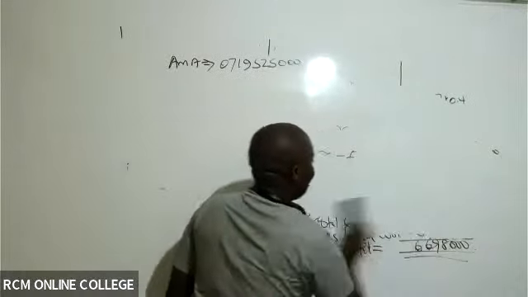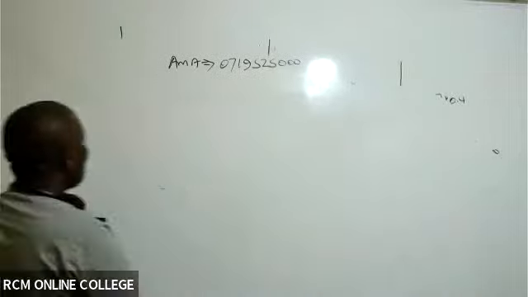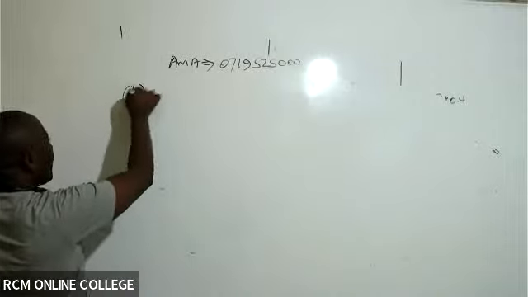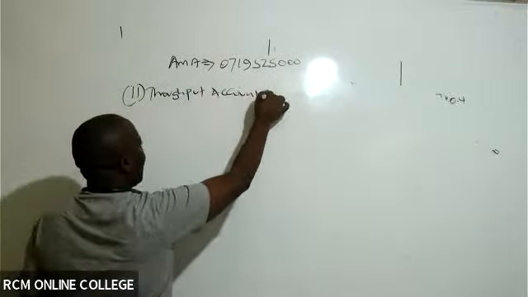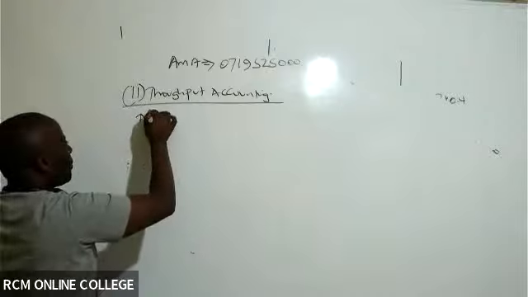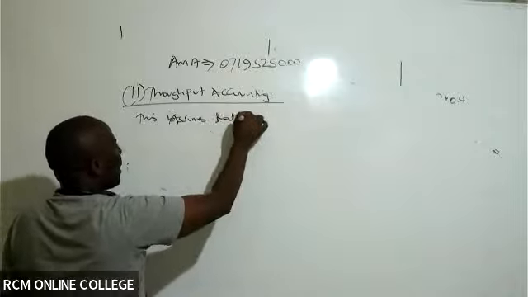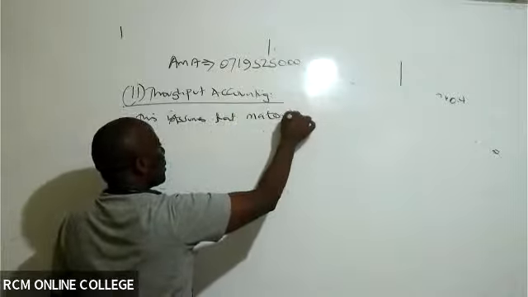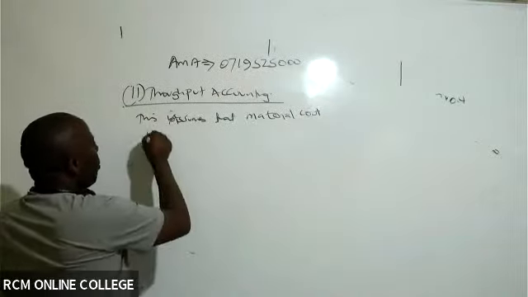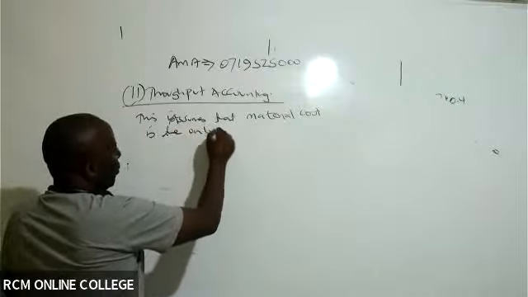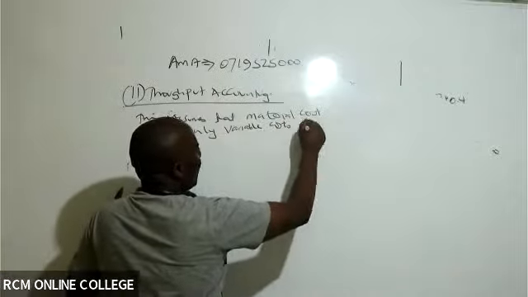Throughput accounting. So under throughput accounting, remember, this assumes that material cost is the only variable cost that an organization has.